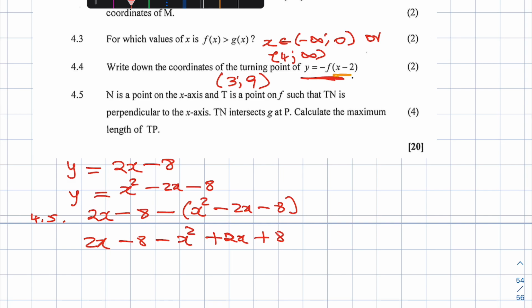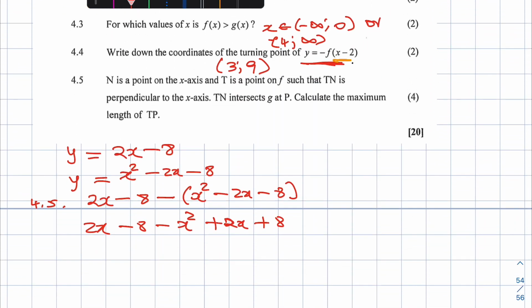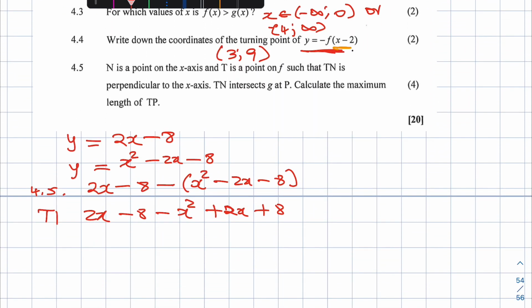So that is the distance between P and T. So that's the distance TP. So TP is equal to, 8 and negative 8 will cancel. Then you are left with what? I'll write this in standard form. You're left with negative x squared plus 4x.